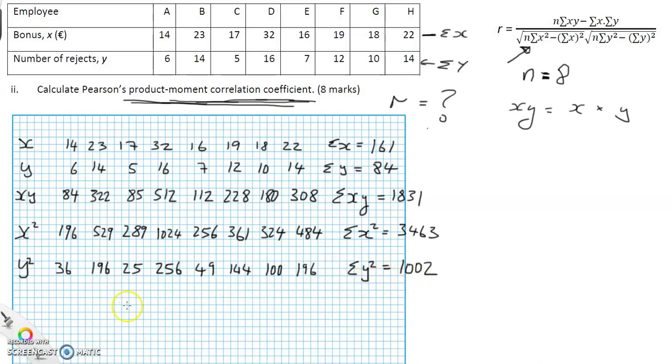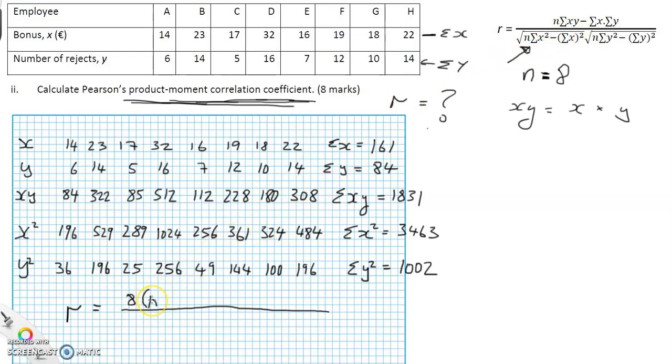So to work out our value, we just place these little bits into the formula. Our formula is like a fraction, right? We need a big long line. N is going to be 8. And 8 there in the formula is written beside summation xy, so that's multiplied by the sum of the xy values.